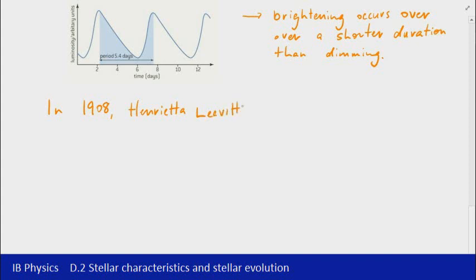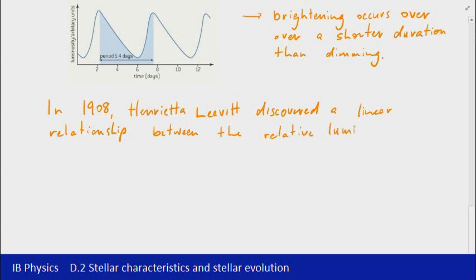So Henrietta Leavitt discovered that there was a linear relationship between the relative luminosity, and what we mean by relative luminosity is the luminosity compared to our sun, and the period of the brightening and dimming.